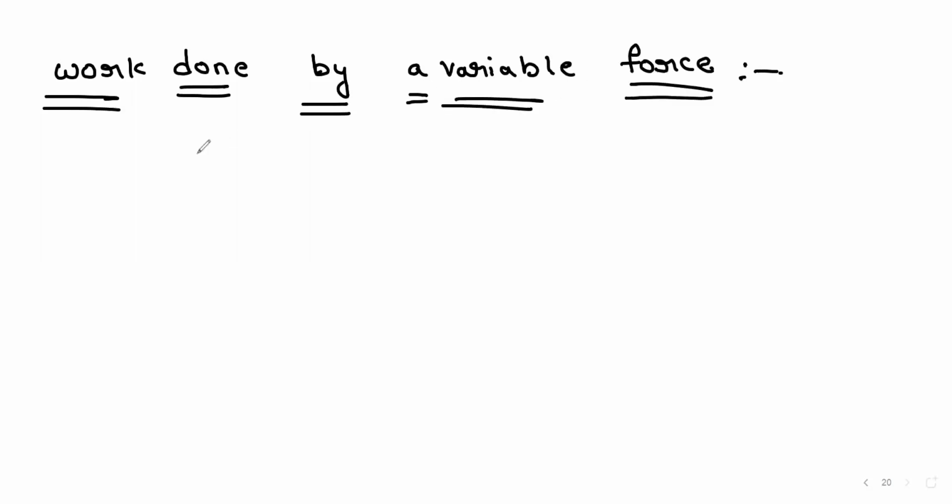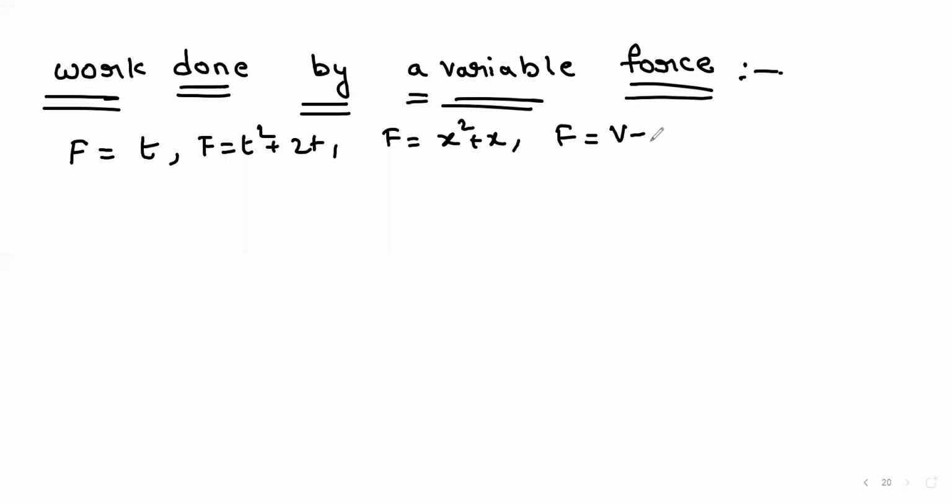So when the force is variable, that means force is a function of time, or force is a function of displacement, or force is a function of velocity. We have to use the work done by variable force formula.